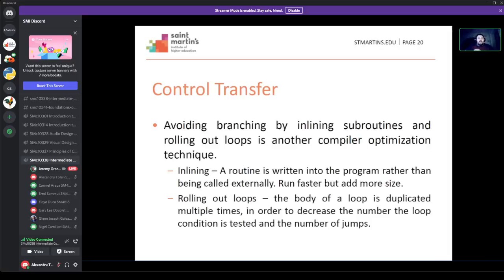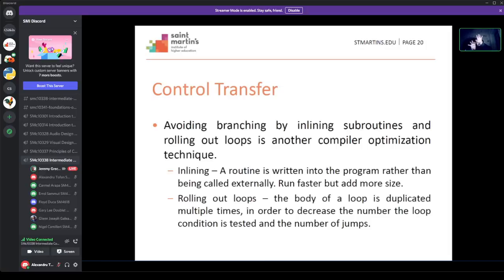Now, how do we avoid these control transfer stalls within our pipeline? So one way that we can go about it is by inlining. Essentially, whenever you have a jump call to do another execution of the code, what you would do is you would reorder the code.